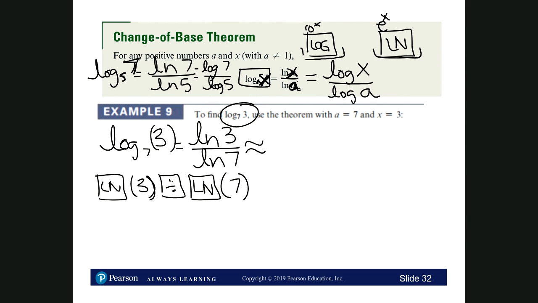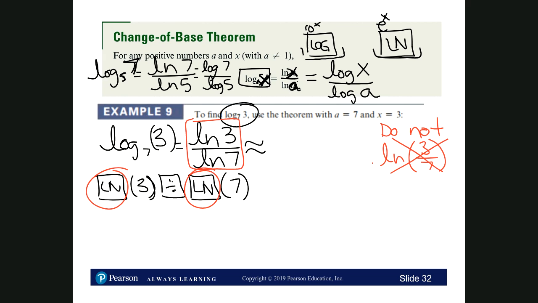So what I'm trying to say is that you must have natural log twice when you enter it on the calculator. And do not enter it this way, because that is not equivalent to this expression. That will be wrong. So don't do that.